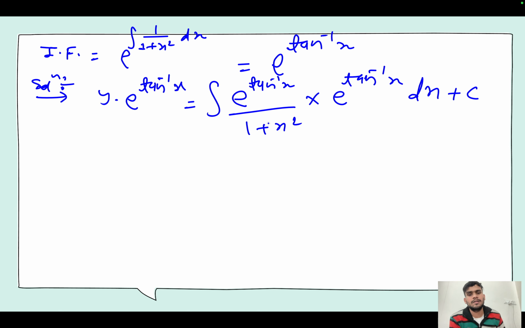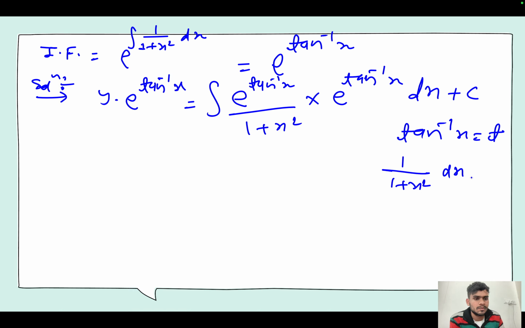If we let tan inverse x = t and differentiate, we get dx/(1 + x square) = dt, which is the differentiation of tan inverse x.